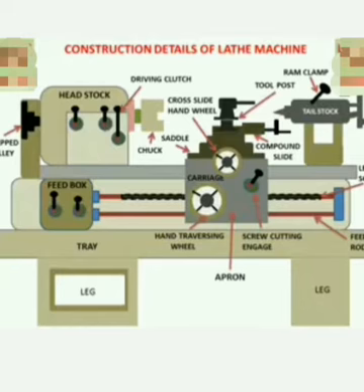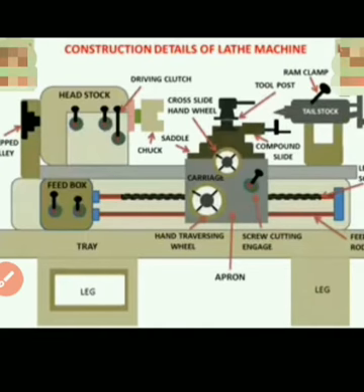Here we can see the stepped pulley, which is used to run the workpiece at different speeds. Here we can see the ram clamp, and it is used to lock the tailstock. So these are the basic parts of the lathe machine.